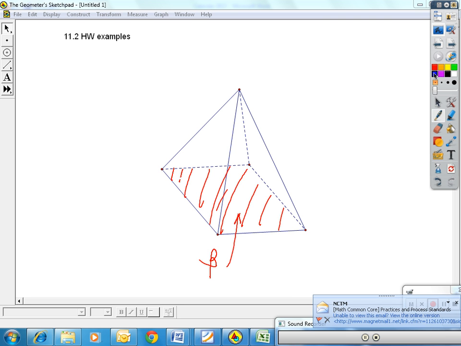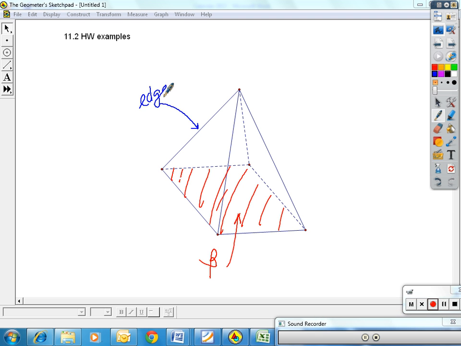We also have edges. This right here is an edge. That's an edge right there. I'll note that in blue, that's an edge. This is an edge. Back here is an edge, and this one right here is an edge.